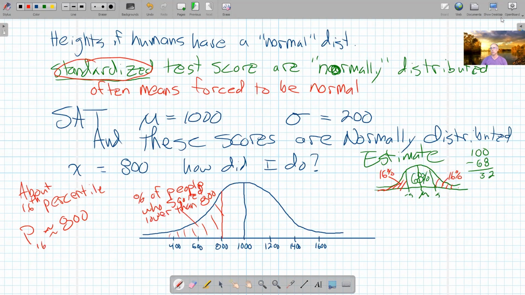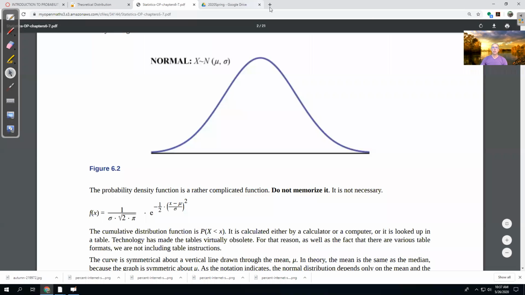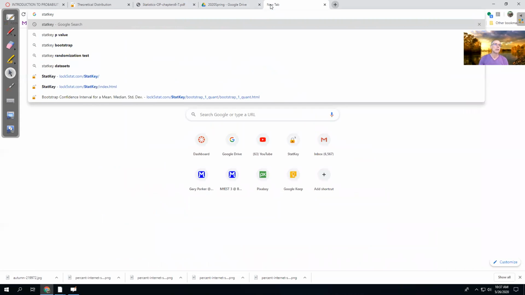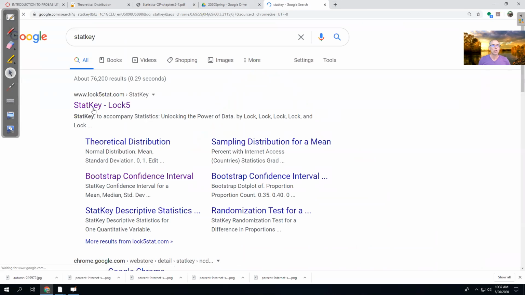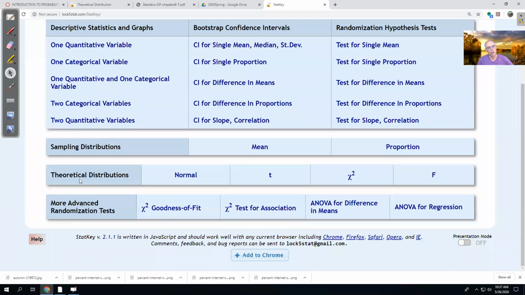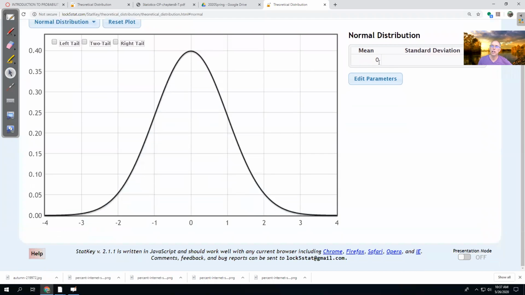So let's look it up in the StatKey generator. And we are doing, in this case, a theoretical normal in StatKey. And to use it, you have to set the mean and the standard deviation.